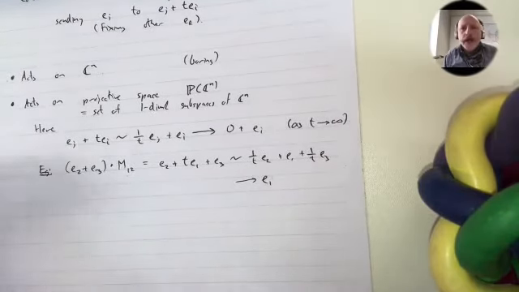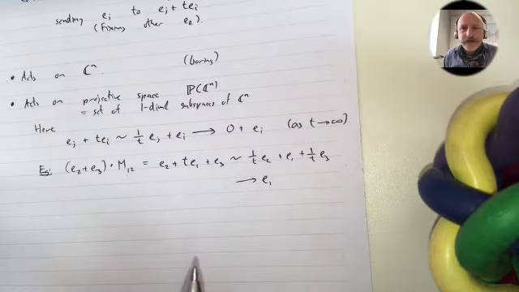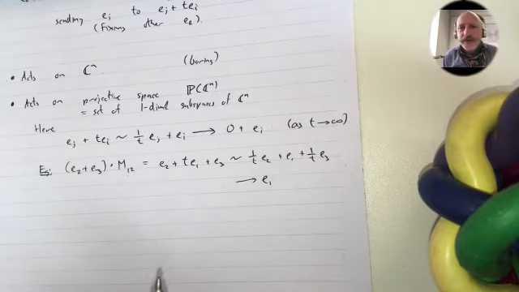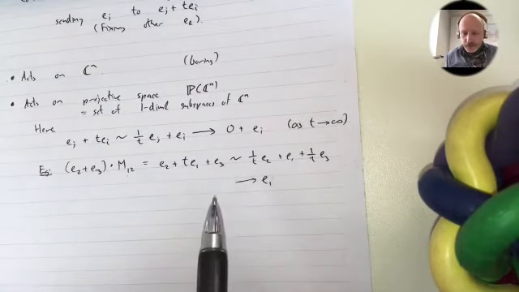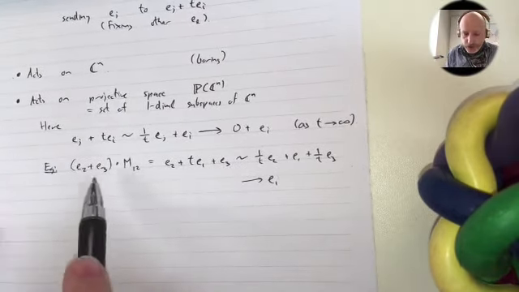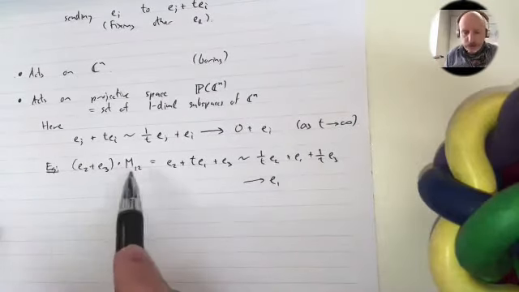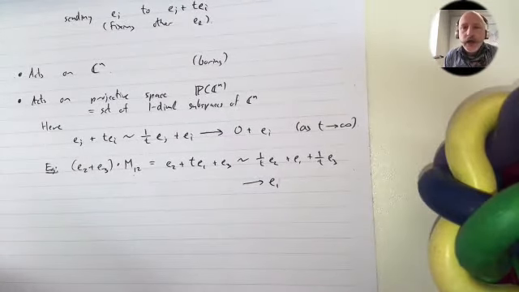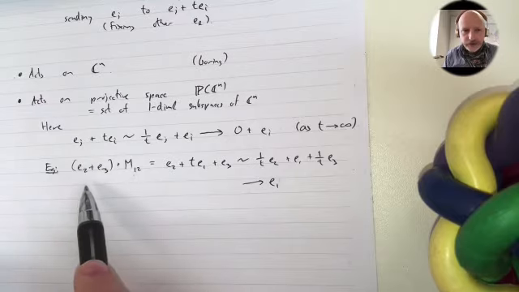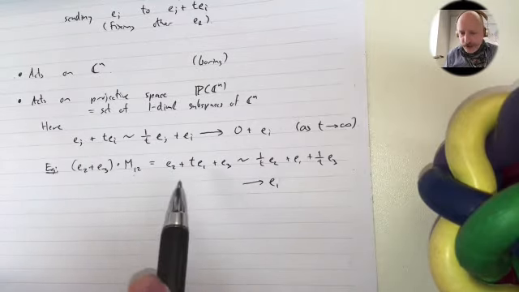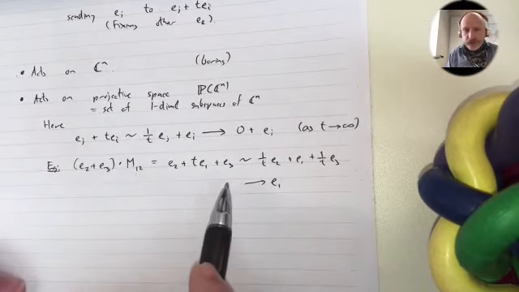Okay, so if you picture the projective space as being a sphere, which, okay, is a sphere up to identifying antipodal points. Picture it as being a sphere. You've got this plane where you don't use E2, or don't use Ej. That plane is fixed. Everything else here is going to get attracted to E2, or more generally to Ej, gradually as t goes to infinity.